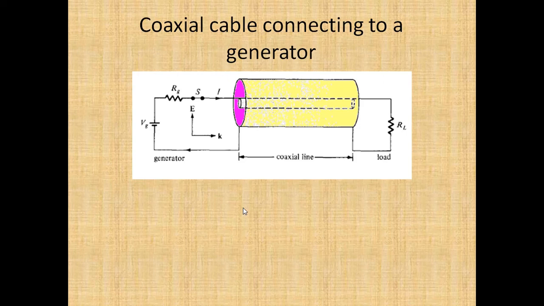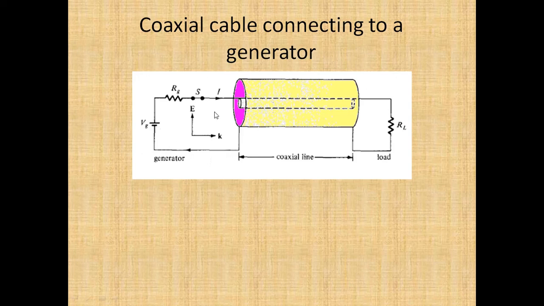This is one example of how a coaxial cable can be connected. The coaxial cable is connected between the generator source and the load. This is the inner part of the coaxial cable, and this is the outer part. The outer part is connected to the negative point of the generator.